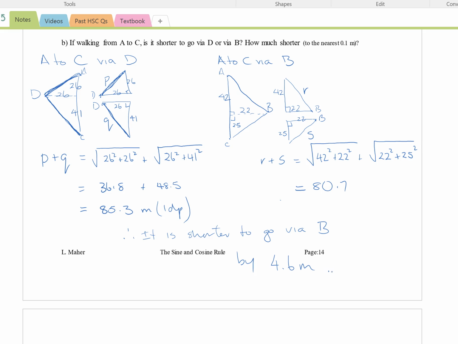Not much difference. Okay, I'll stop the video there and do the next two methods of surveying in a separate video.